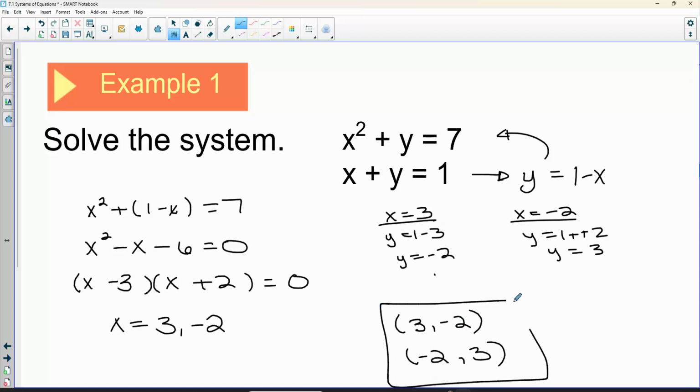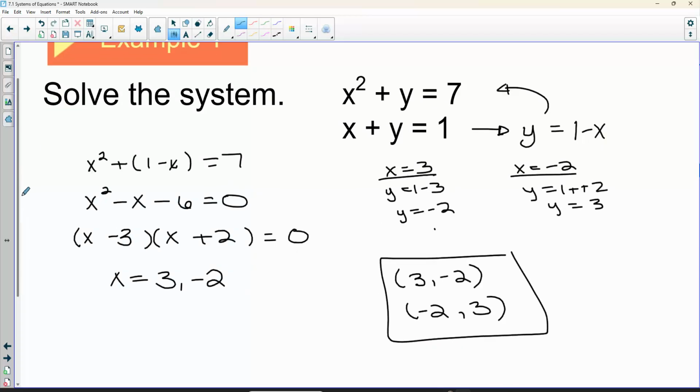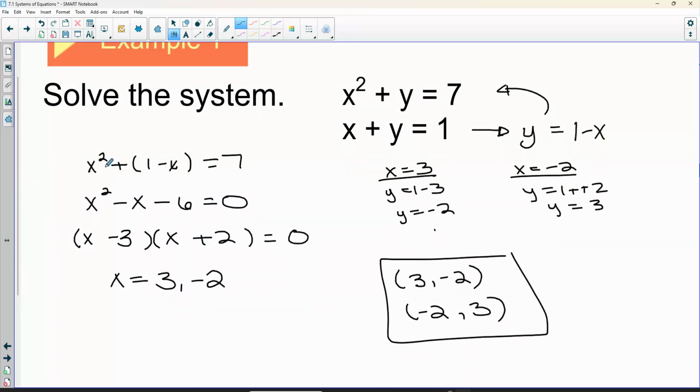And you can check them. 3 squared is 9, plus negative 2 is 7, and 3 plus negative 2 is 1. Negative 2 squared is 4, plus 3 is 7, and negative 2 plus 3 is 1. So strategies are the same. You can substitute or eliminate, but we don't necessarily know how many answers we're going to get at the end.